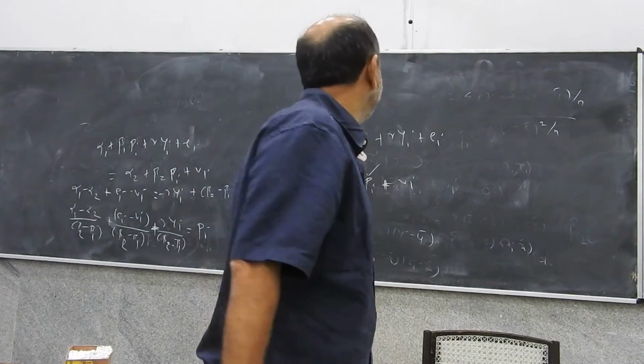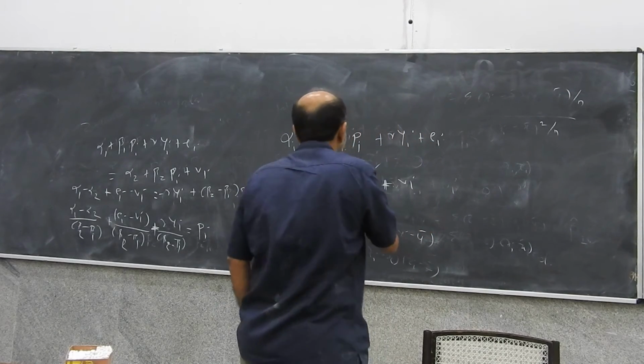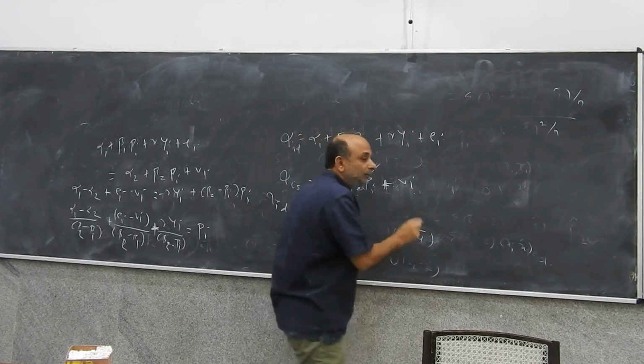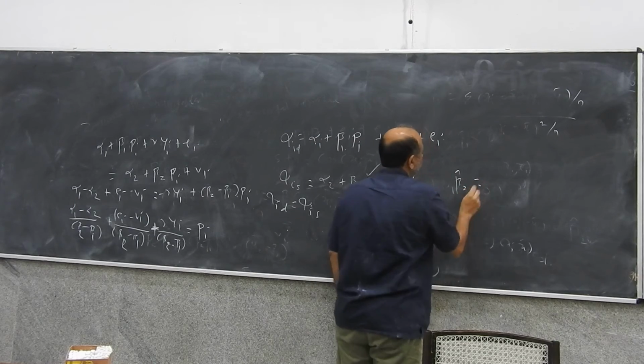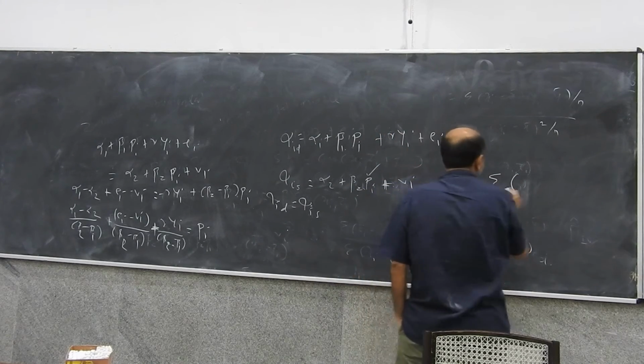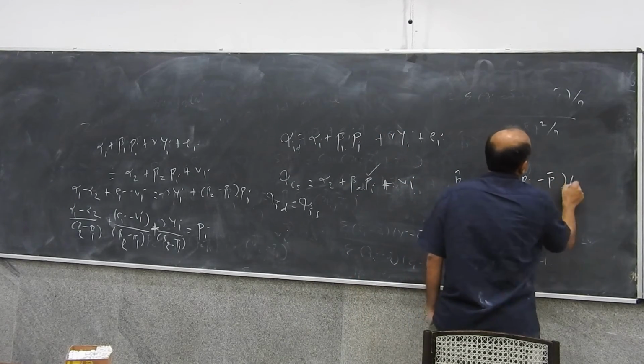So what will be the instrumental variable for beta 1? So for example, the instrumental variable estimator for beta hat 2 will be very simply summation Qi minus Q bar, Pi minus P bar.